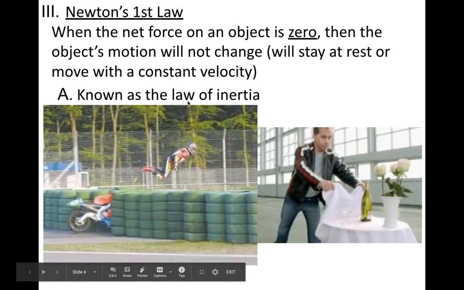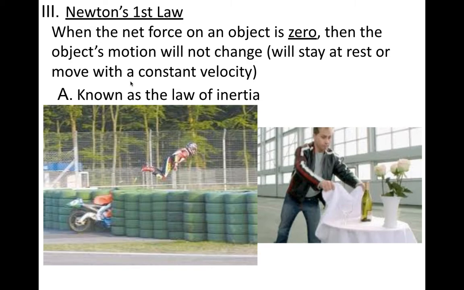That brings us to Newton's first law. You've known Newton's first law as this: an object in motion stays in motion, and an object at rest stays at rest unless acted upon by an outside force. That's the general description of it. We're going to write it a little bit differently. Basically, here's what it says. When the net force on an object is 0, so when the forces are balanced, or when there's no force at all, the object's motion will not change.